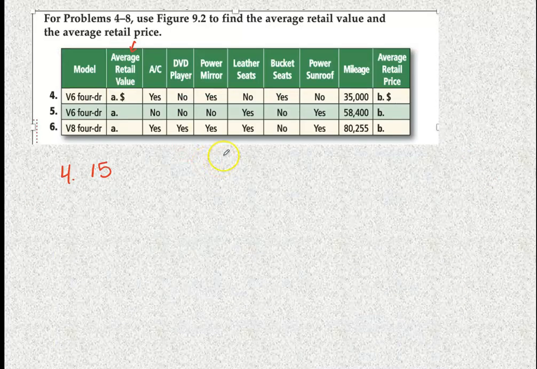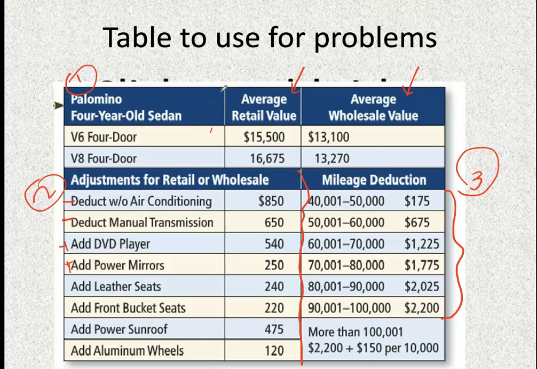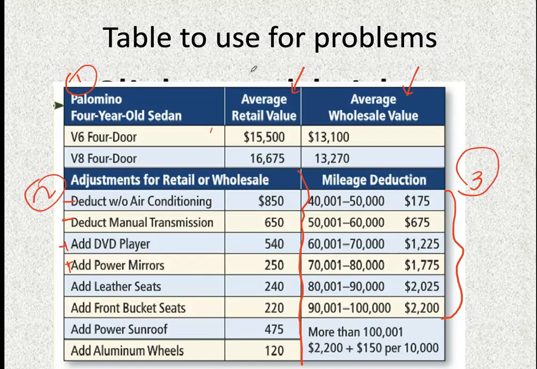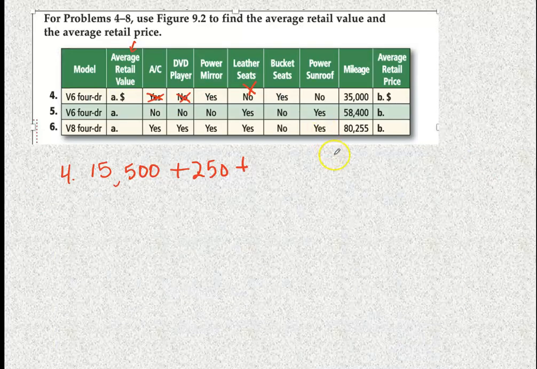It says 15,500. It has air conditioner, so we don't need to worry about that. No DVD player, power mirrors. So look at my chart, power mirrors, $250. Leather seats, I don't need to worry about that. Bucket seats, that would be $220.